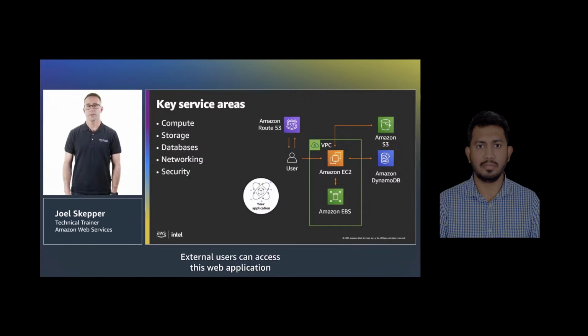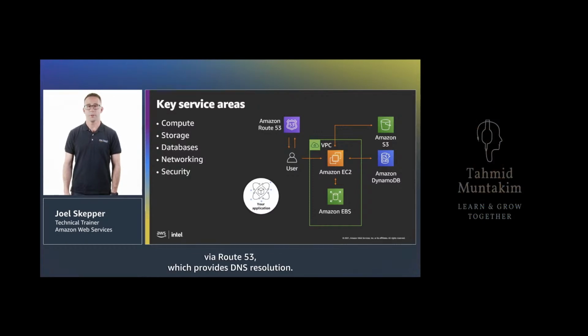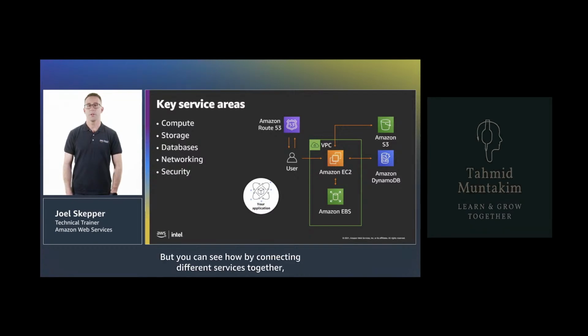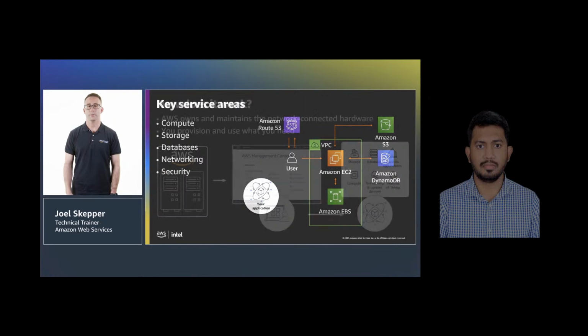External users can access this web application via Route 53, which provides DNS resolution. We will speak more about these services in the upcoming modules. Keep in mind this is a simple example, but you can see how, by connecting different services together, you can come up with a huge variety of different solutions, depending on what your requirements are.